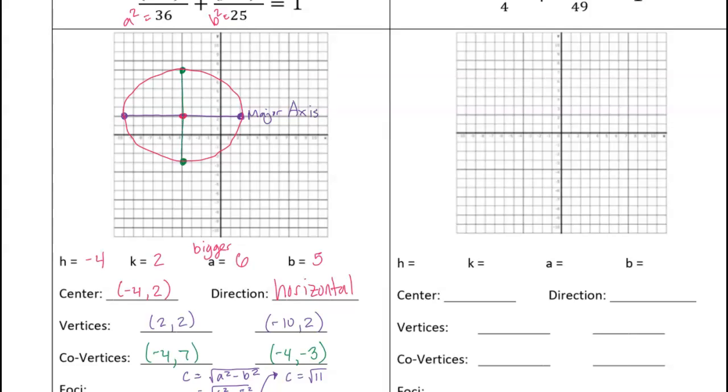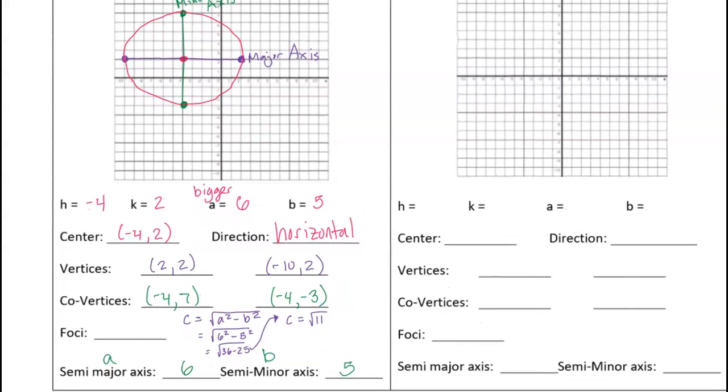This is the minor axis. Knowing the foci are on the major axis, am I going to keep the h value or the k value the same for the foci as the center? Which one will remain the same, the h or the k in this case? Is it going to have the same x or y value as the center?